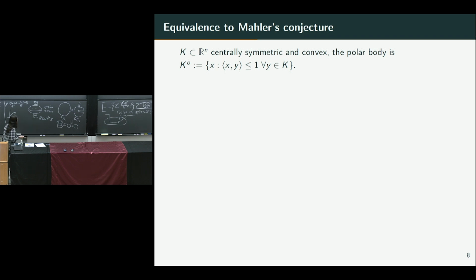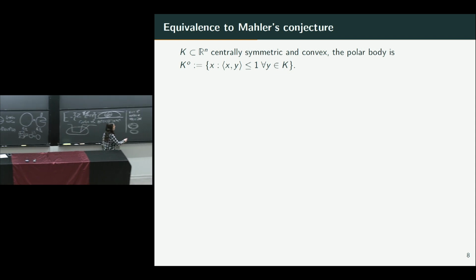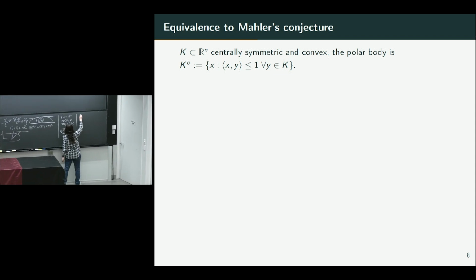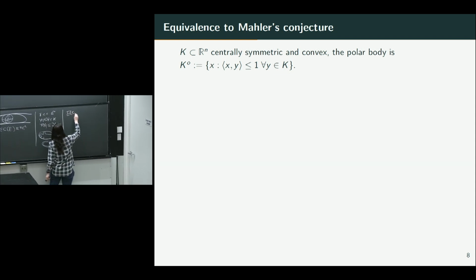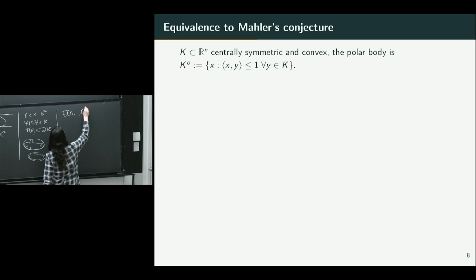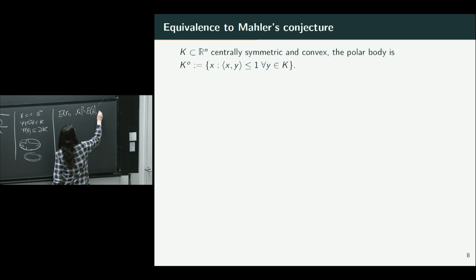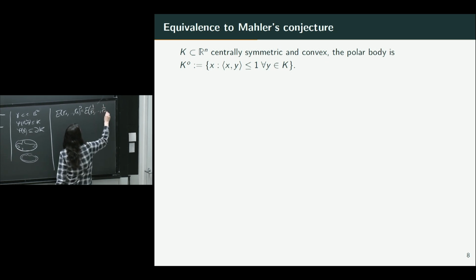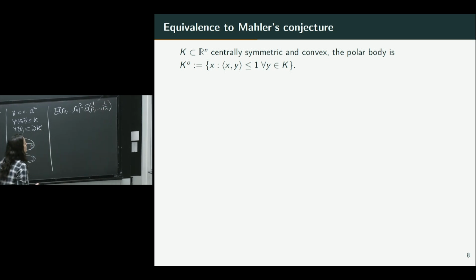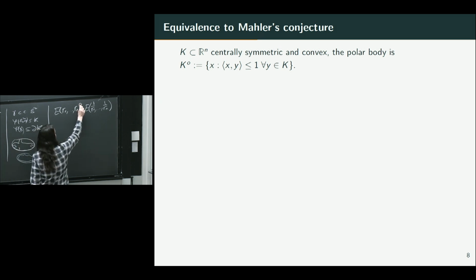But maybe let's consider an example. The dual of the ellipsoid would be an ellipsoid with 1 over the radii. And so the dual of the ball would be a ball of 1 over the radius.